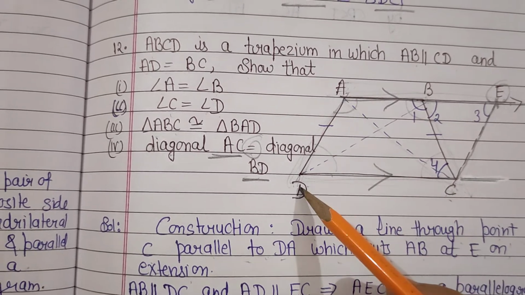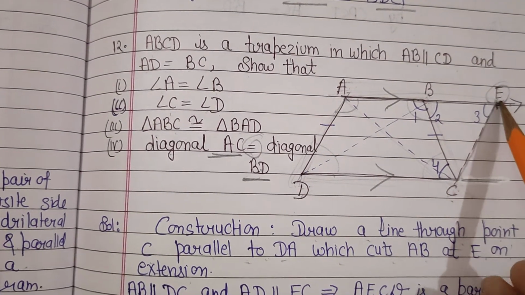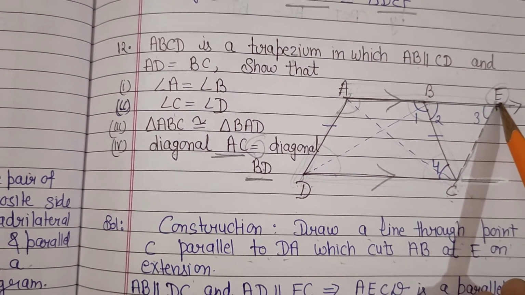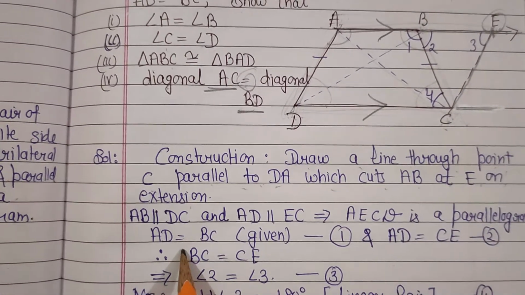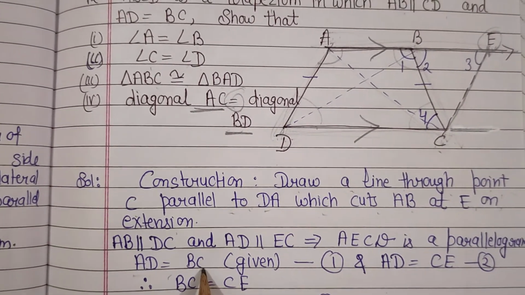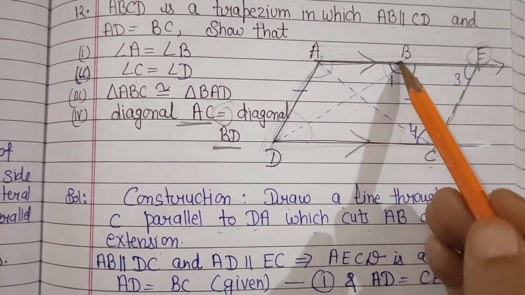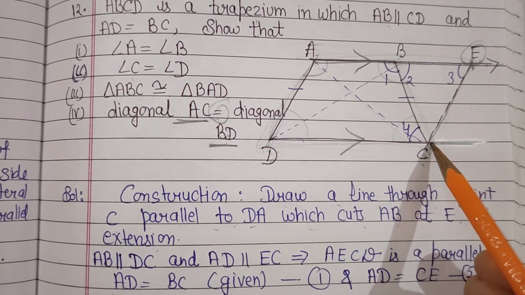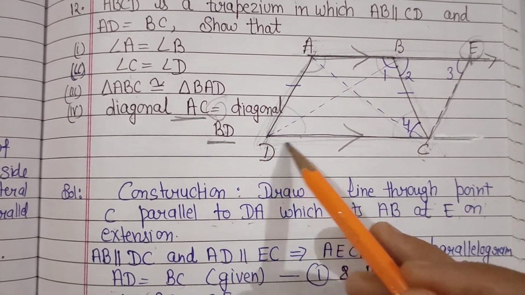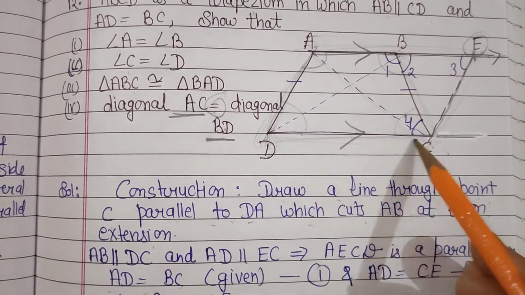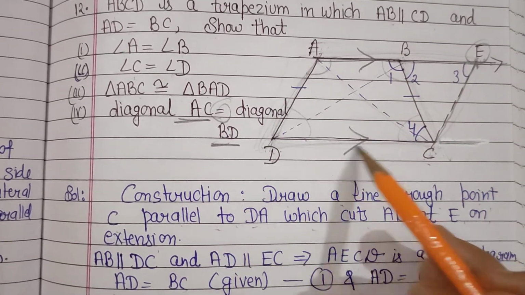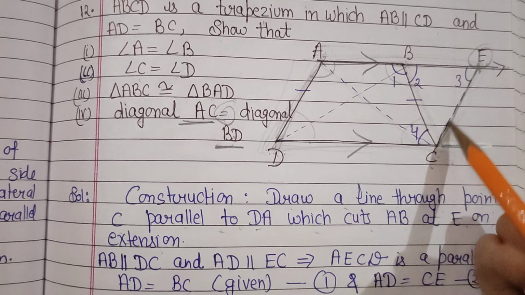So, ADCE is a parallelogram. Now, AD is equal to BC. It is already given to us. But ADCE is a parallelogram, and according to parallelogram, the opposite sides are also equal.